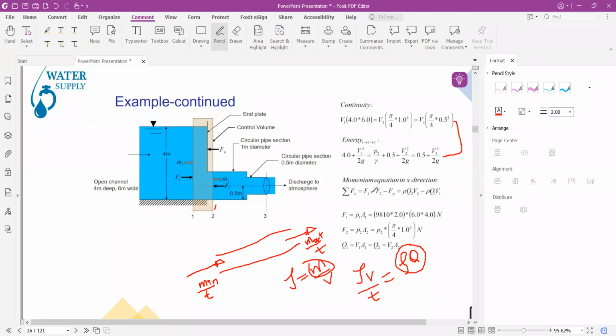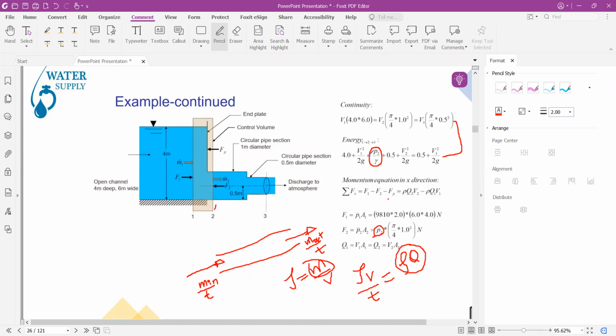To find FP, the force exerted by the plate on the reservoir to retain the water at that side, first we have to find the pressure head at this point, because we require the pressure P2.